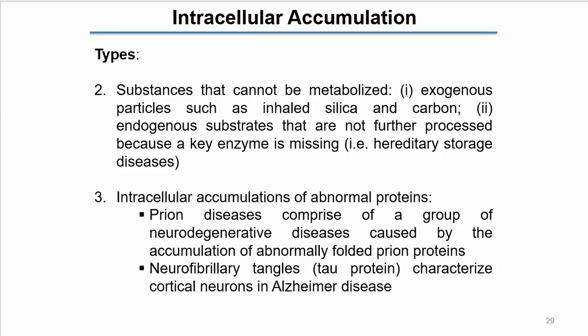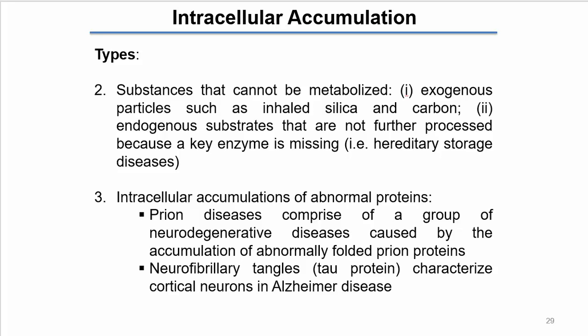So these would be exogenous things like carbon dust or silica dust, which will accumulate in the lungs. Silica dust happens in miners. Both my grandfathers died of silicosis because they both worked underground and they breathed a lot of dust.